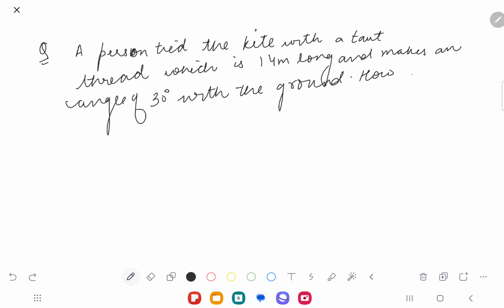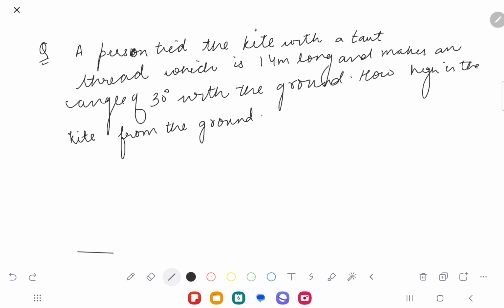How high is the kite from the ground? So, how do we do this?